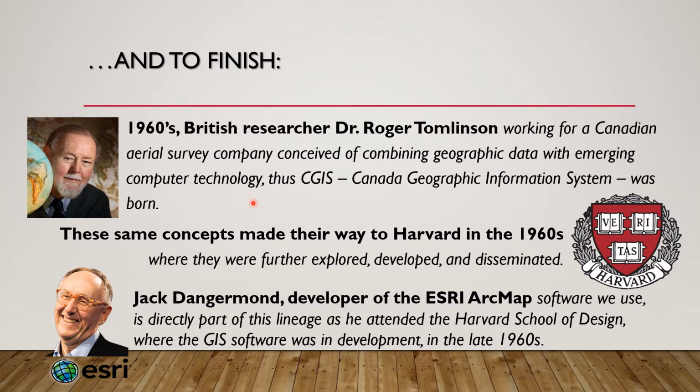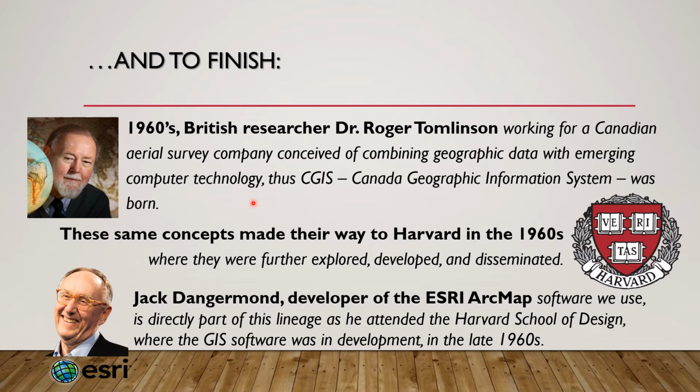All of that filtered down, made its way to Harvard in the 1960s, and a young man by the name of Jack Dangermond was a student at the, I think, Landscape Architecture School. And he further refined this idea that Tomlinson came up with. And he was instrumental in really marketing it and using it.